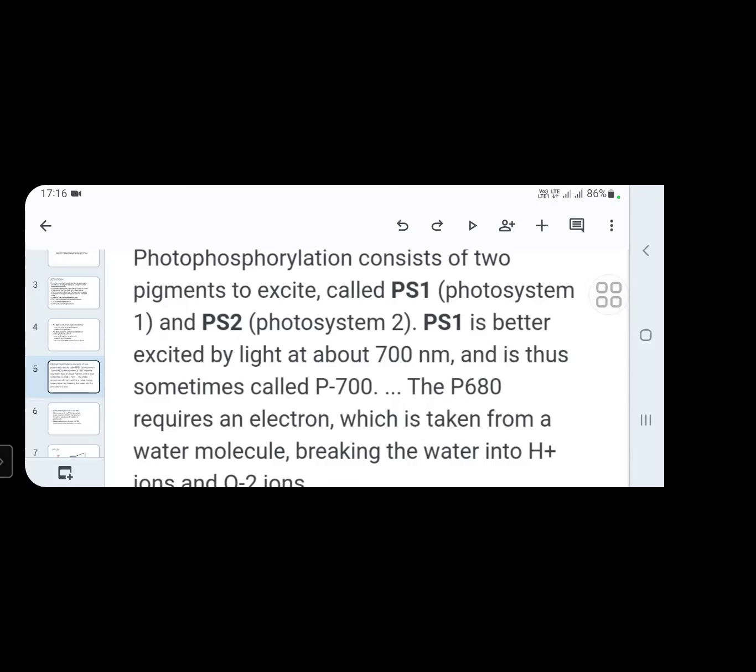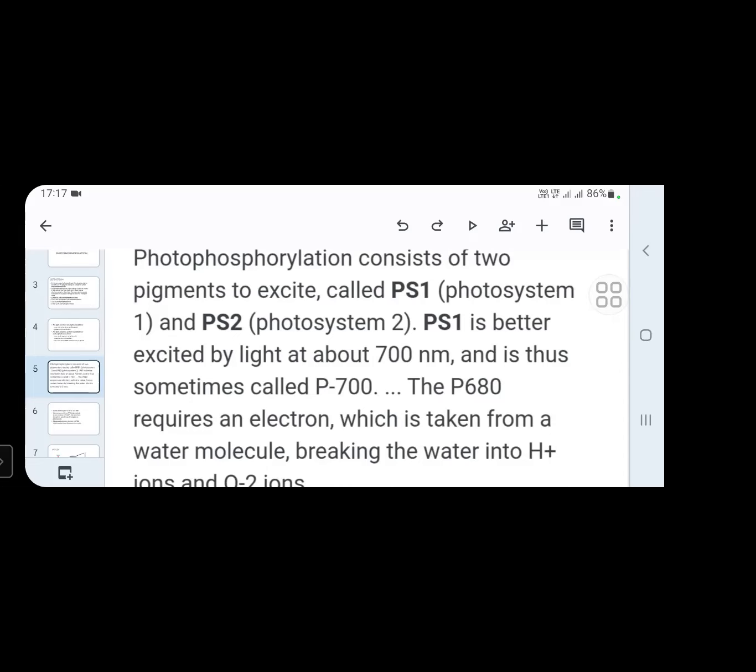PS1 contains chlorophyll A. Please observe keenly here. Pigment system 1 is activated by light with wavelength longer than 680 nanometers, that means 700. So PS1 is better excited by light at about 700 nanometers.